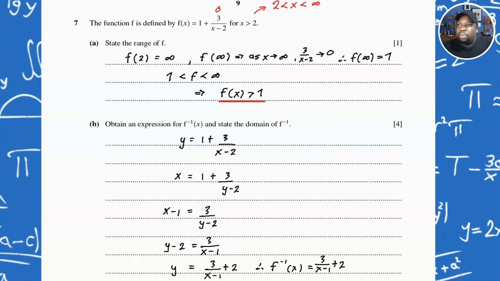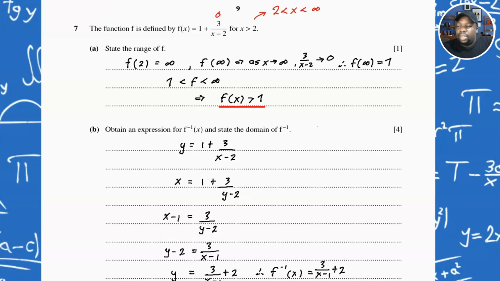Now, you need to know the fact that the domain of f inverse is comparable to the range of the original function. And we got the range to be f of x is greater than 1. That's the range of the original function, which means that the domain of f inverse should be that.